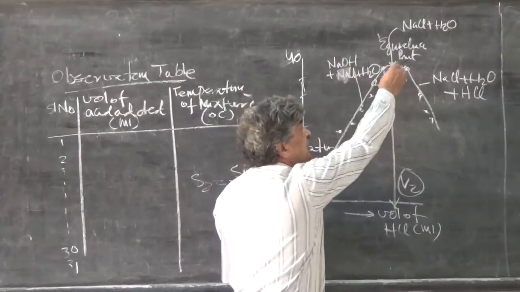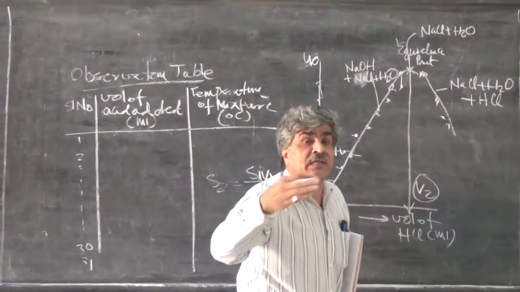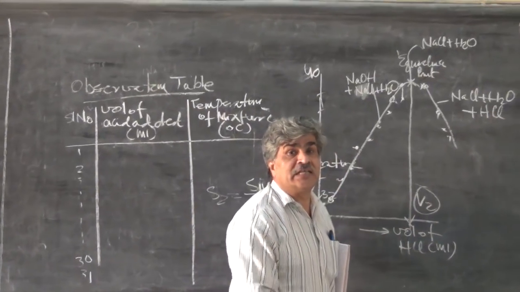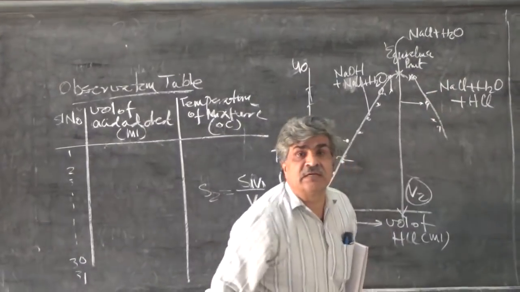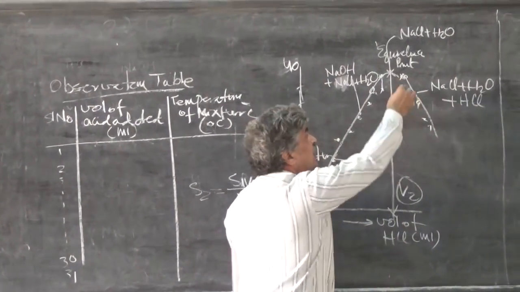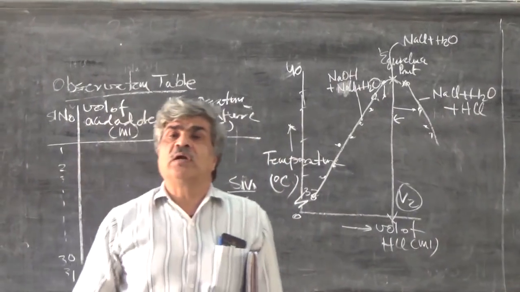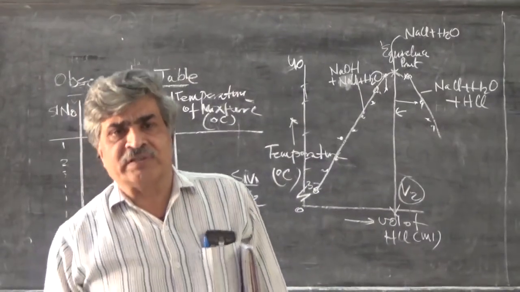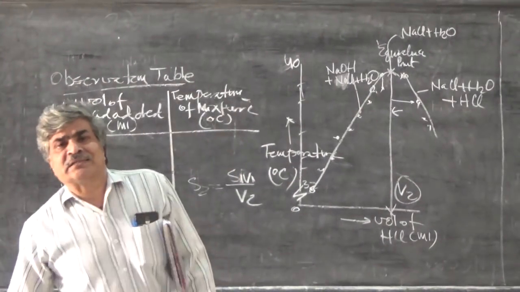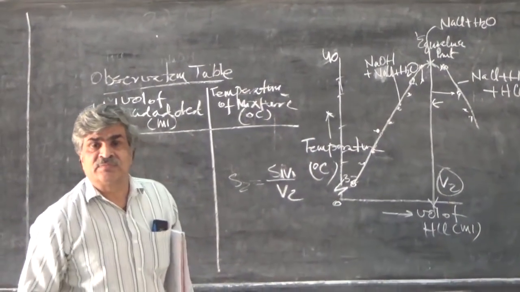The nature of the graph on the other side of the equivalence point will change. It will either go away from the mean position or it will come closer to the mean position. That will depend on various physical characteristics, say molecular weight or viscosity or other parameters of the liquid which you are adding other than hydrochloric acid.